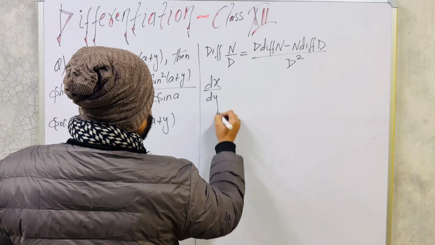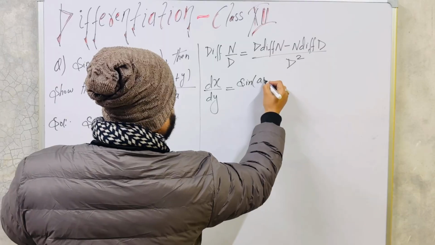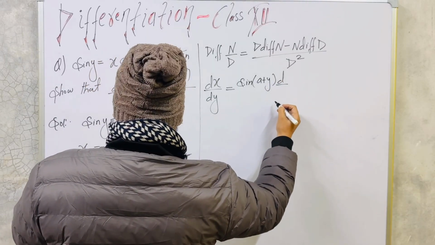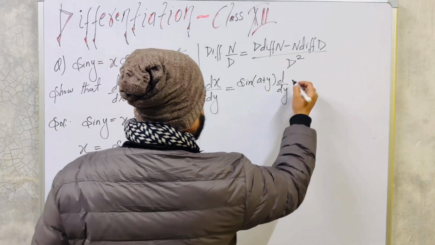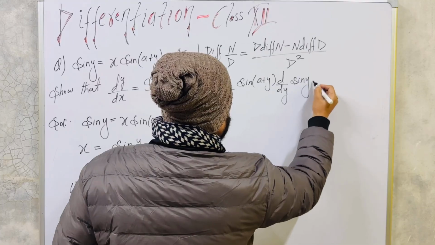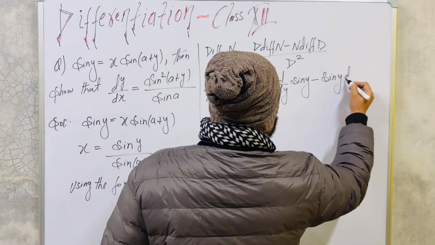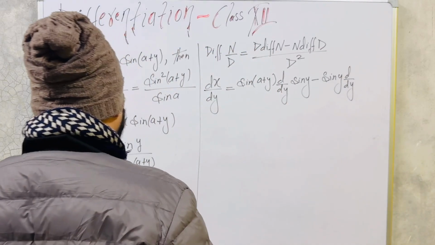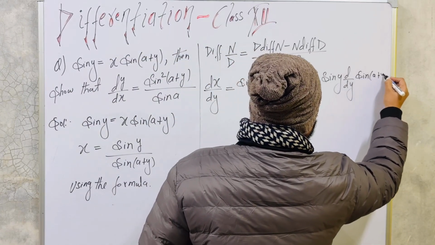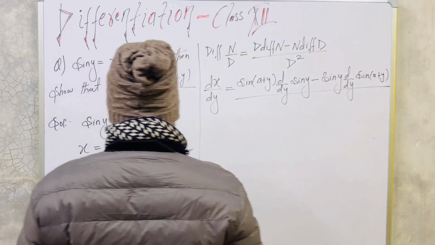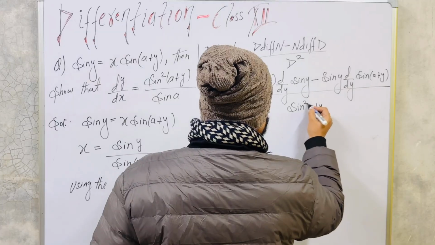Now dx upon dy is equal to sin of a plus y times d by dy of sin y, minus sin y times d by dy of sin of a plus y, upon sin square of a plus y.